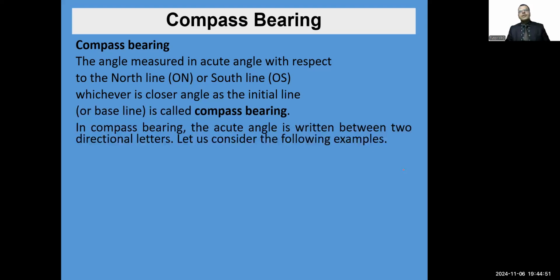If the south line is closer to the given point, then the south line is considered as the initial line. And the angle will always be an acute angle. The angle is measured as an acute angle with respect to the north line or the south line.